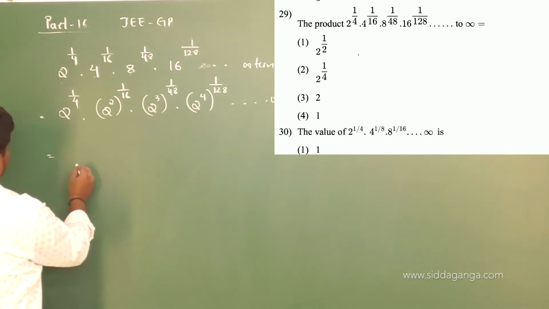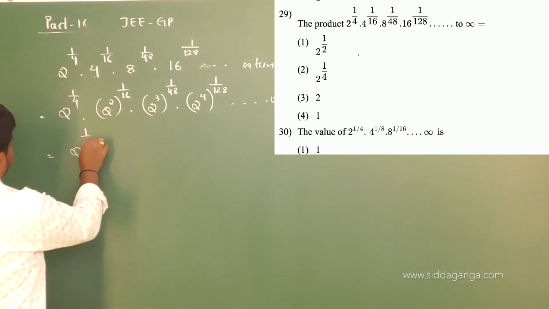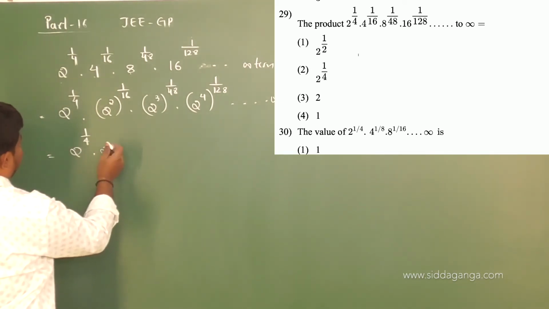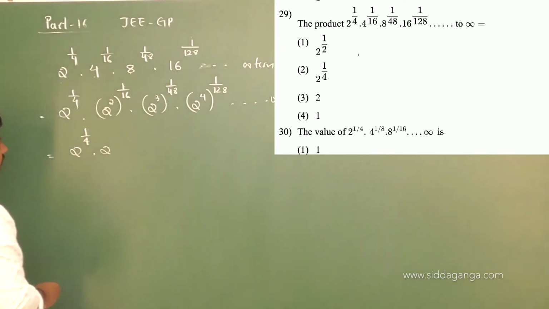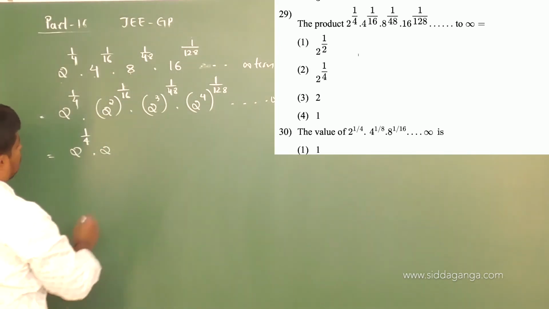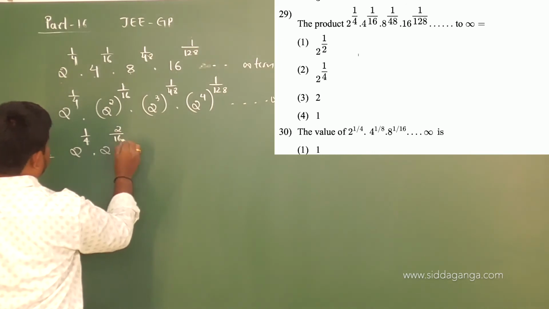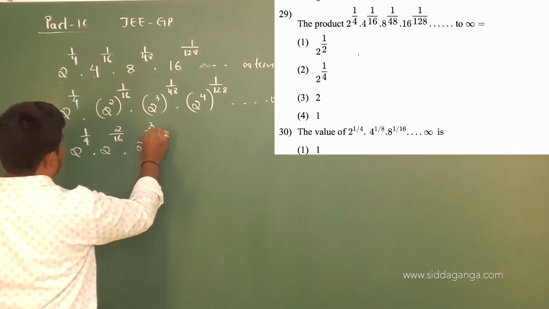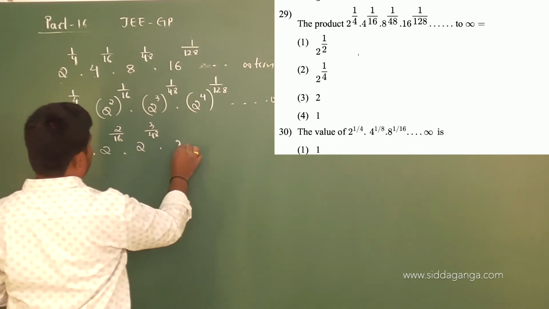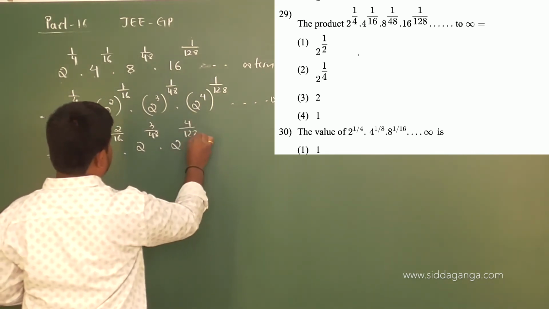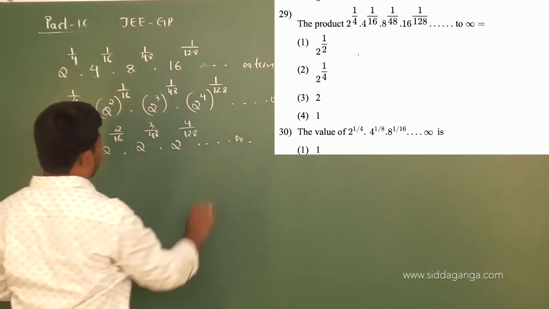Yes, I can rewrite this as 2 power of 1/4 into 2 power of 2/16, 2 power of 3/48 into 2 power of 4/128, to infinite terms.